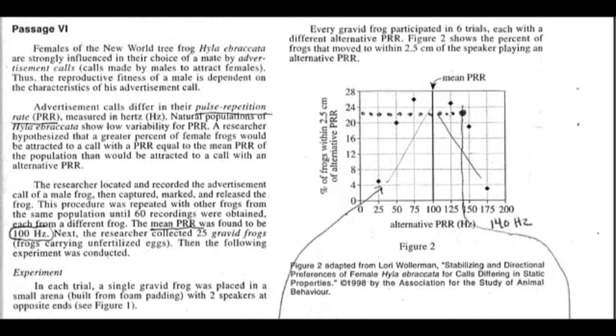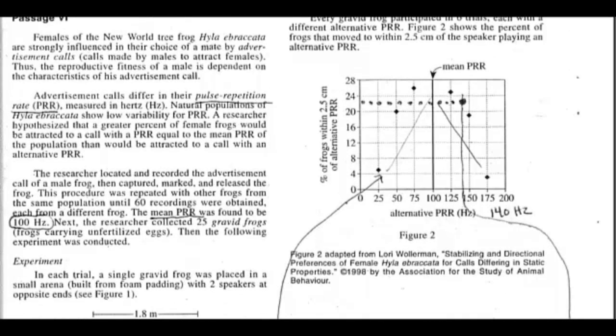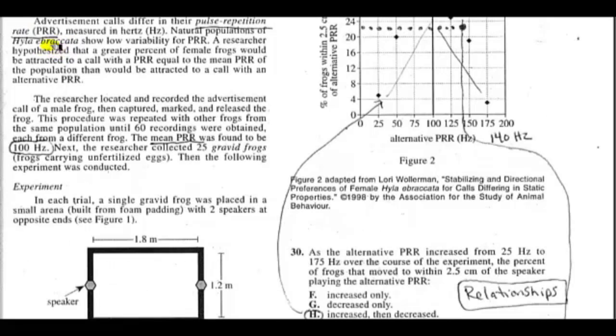It looks like when we come up to passage number 6, it says female frogs here, and there are different calls about fertility. Greater percentage of female frogs that would be attracted to the call. So in the study, we basically have some little box, and there's a speaker at each end.